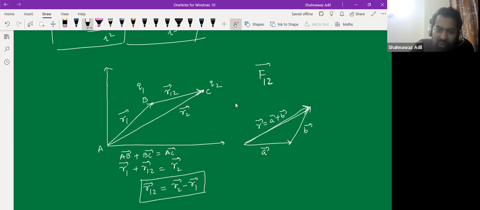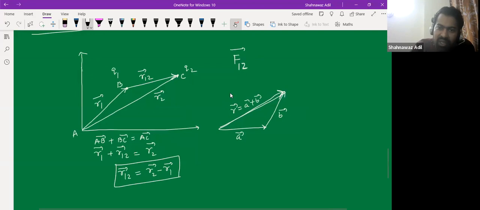So if I calculate this separation, BC, this is R1. If I want to calculate the force on charge Q1 due to these two, that would be simply K Q1 Q2 over the magnitude of BC, the separation squared.